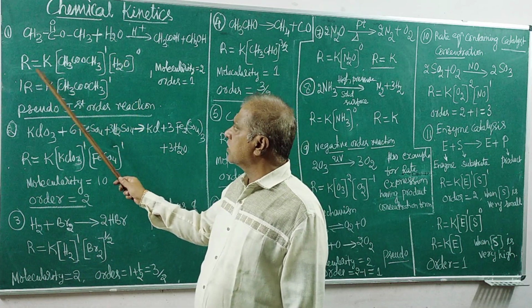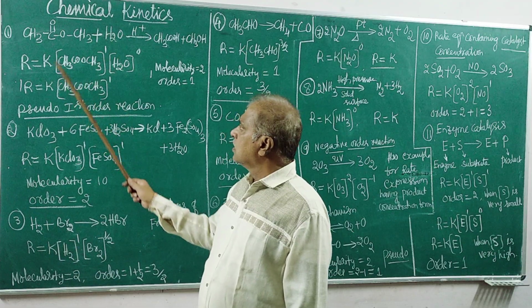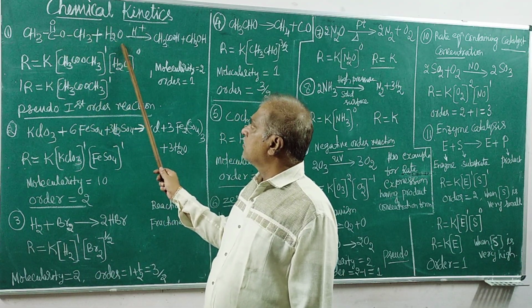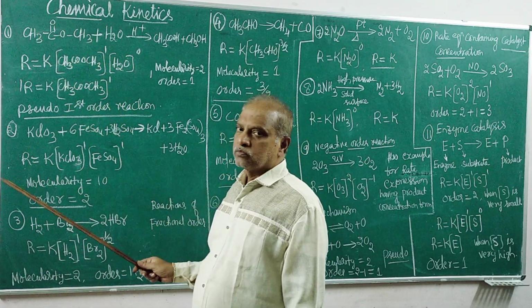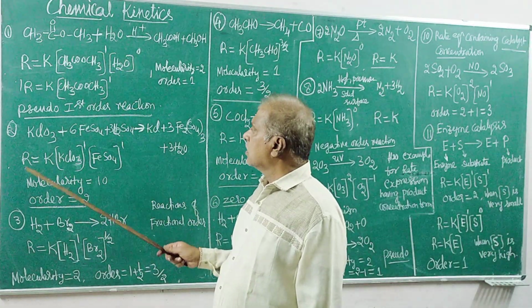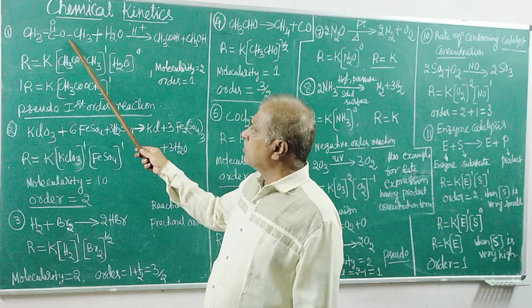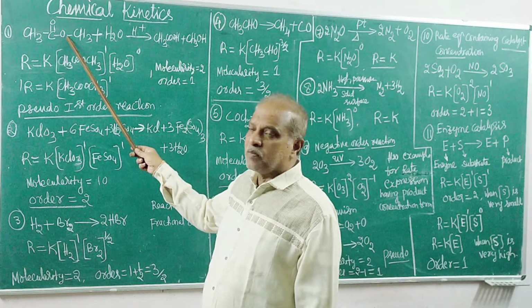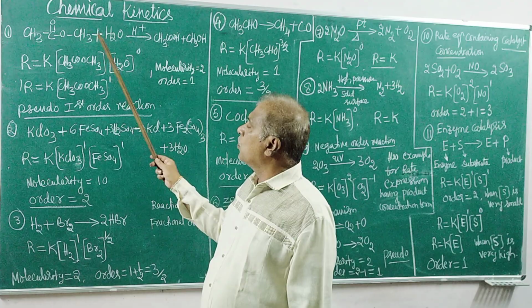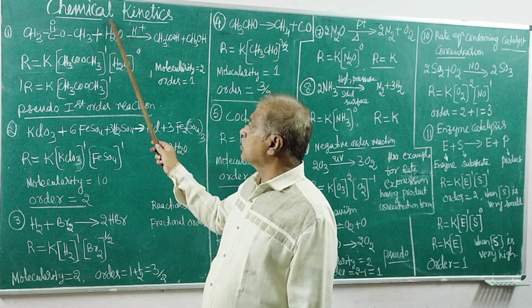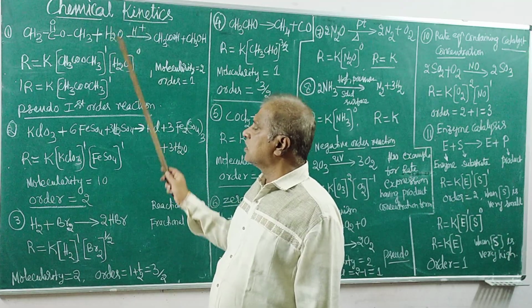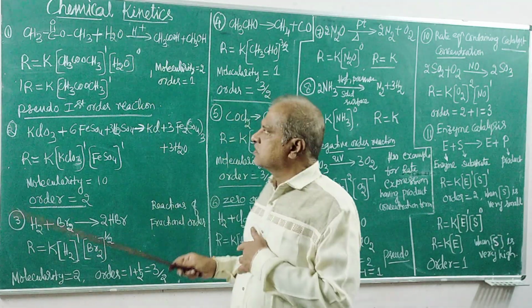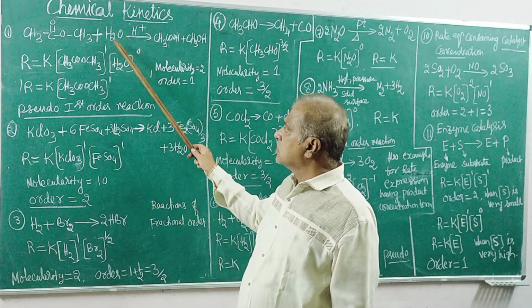It is depending on the concentration of ester, because in this reaction you are taking water in large amount and the acid in small amount. Usually we carry out the reaction by adding 2 or 3 ml of acid into 1 liter of water. So any change in concentration is not appreciable, and the concentration remains almost constant.